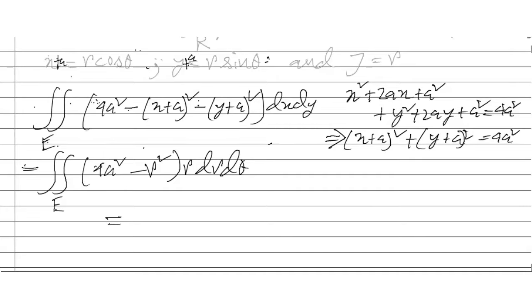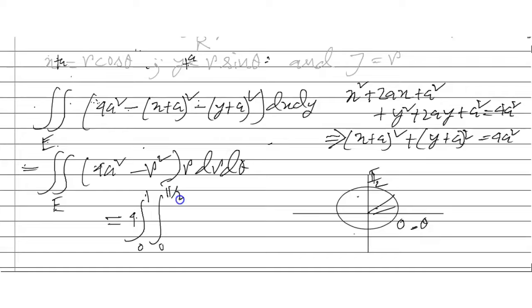At first I draw that circle, and in this circle the first region is r from 0 to 1, theta from 0 to pi by 2. So 4 into the integral from 0 to 1 and 0 to pi by 2, it can be written, just putting 4 square minus r square into r square dr d theta.